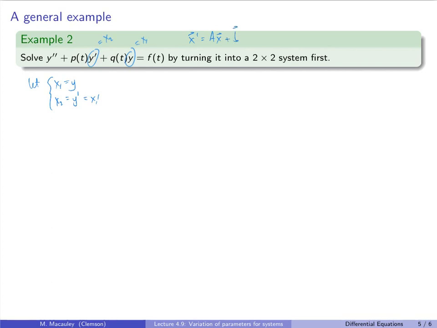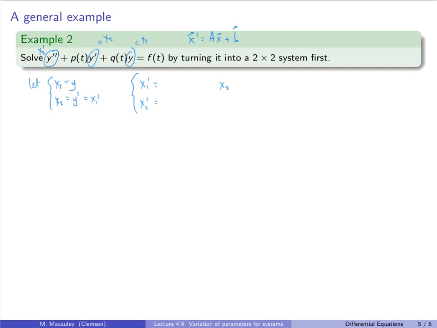To do that, the left-hand side, x prime, corresponds to the system x1 prime and x2 prime. So let's see what that system is. x1 prime equals x2. I'll leave a gap here, x2. And then x2 prime is just y double prime.